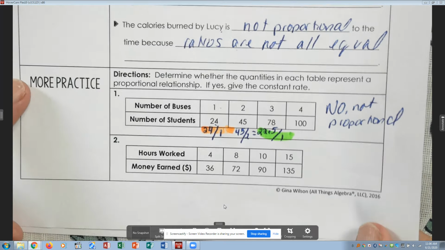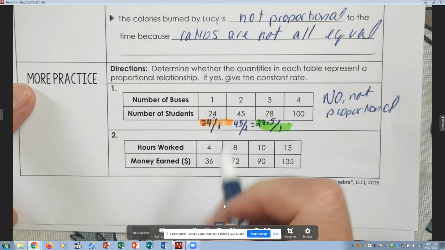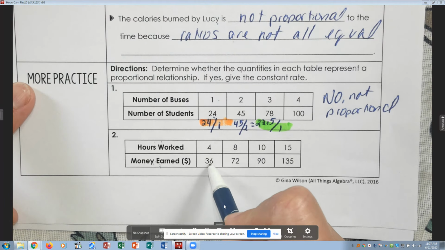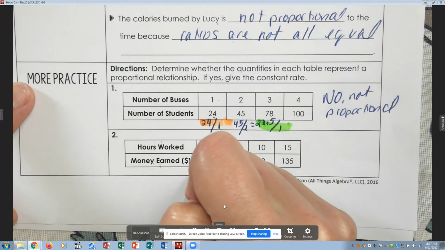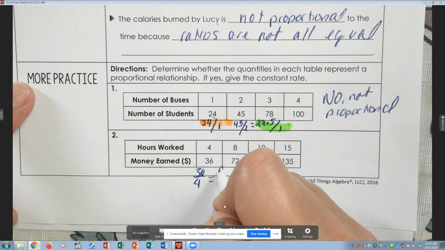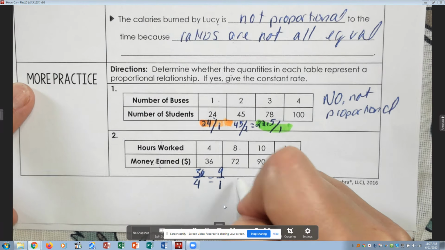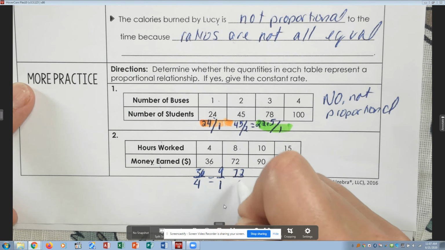Okay. Now let's look at money earned and hours worked. These are my two variables that we're looking at. So she earns $36 for 4 hours. That means that she's earning $9 per hour. Let's see if it works here. $72 for 8 hours.